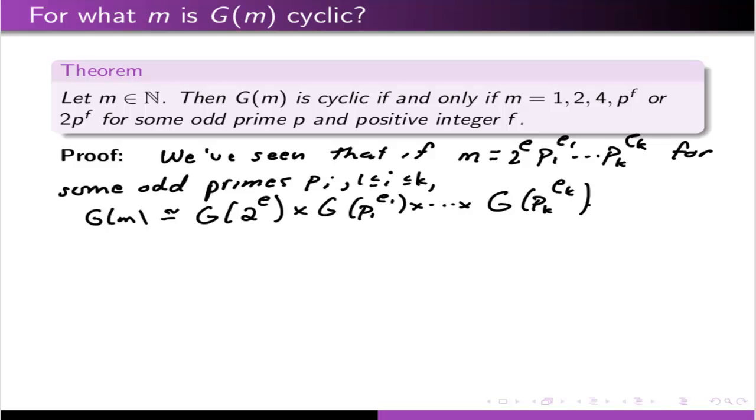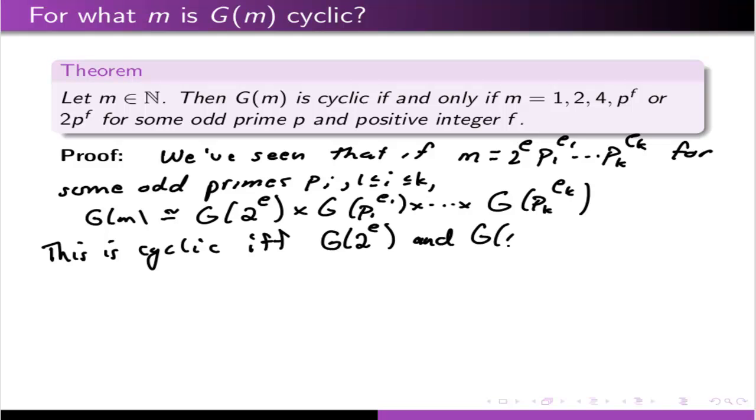And so by the theorem we just proved, this Cartesian product of finite groups is cyclic if and only if 2 conditions hold. Each of the groups is cyclic, and the group orders are pairwise relatively prime.